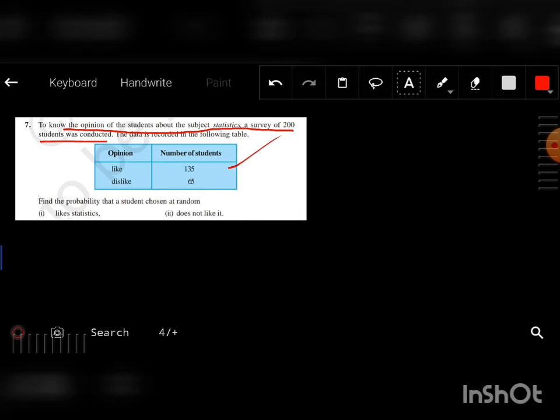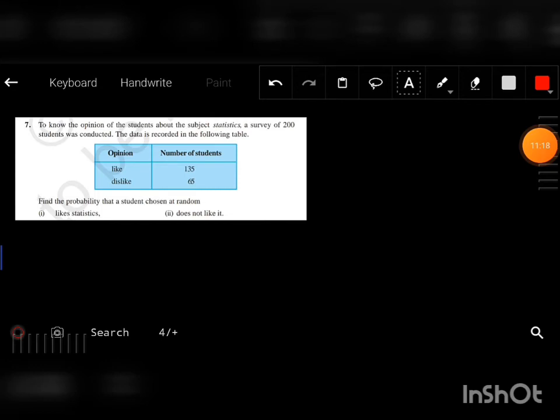Students who like the statistics subject are 135. Students who don't like the statistics subject are 65. Now we have to find the probability of the students who like statistics and the probability of the students who don't like statistics.